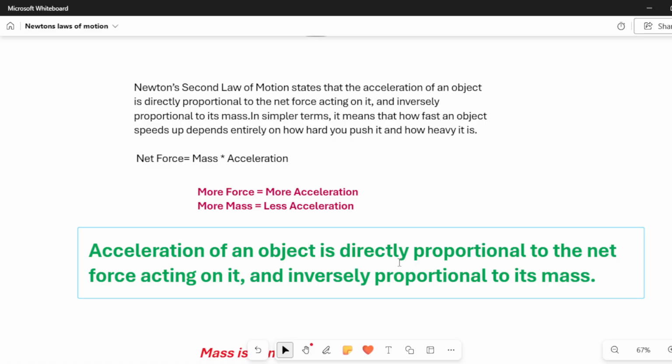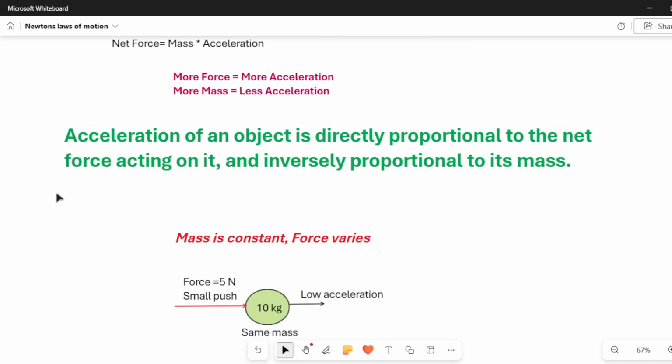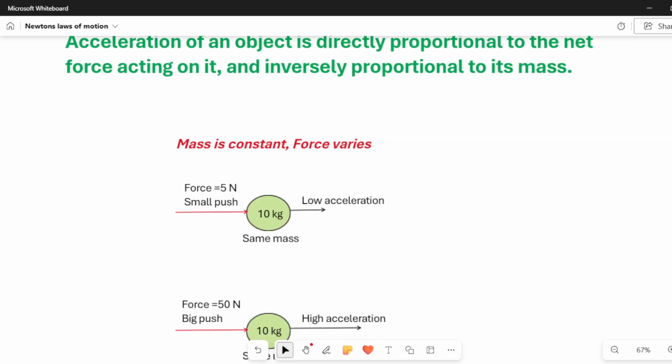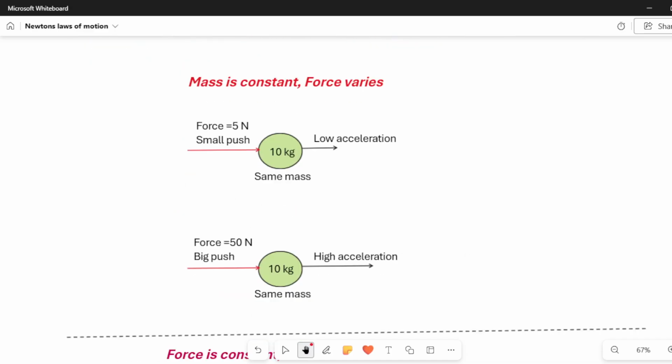So the acceleration of an object is directly proportional to the net force acting on it. This part first we'll try to understand. Now we will see with an example how it is directly proportional to the net force. We are keeping the mass constant. For example, we have two small balls of the same mass.